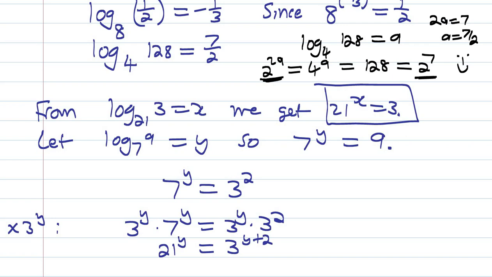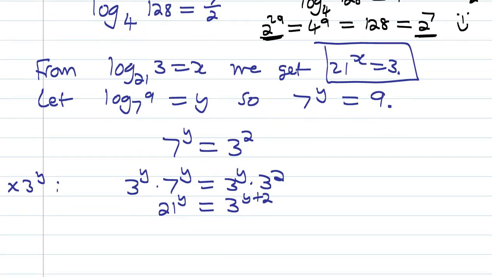Okay. Now, being inspired again by the block, I'm going to raise this to the power of x, and I'm going to raise this to the power of x. There might be other ways of solving this question, but I am raising both sides to the power of x.